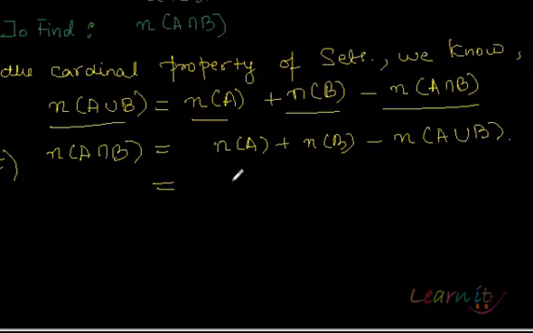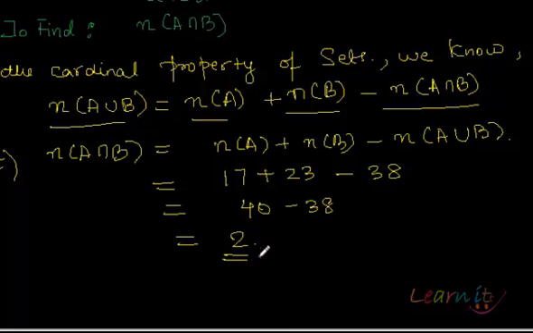So just putting the values here, 17 plus 23 minus 38 implies that the intersection has 40 minus 38, that is 2 elements. So n(A intersection B) equals 2. So there are just 2 elements in the intersection.